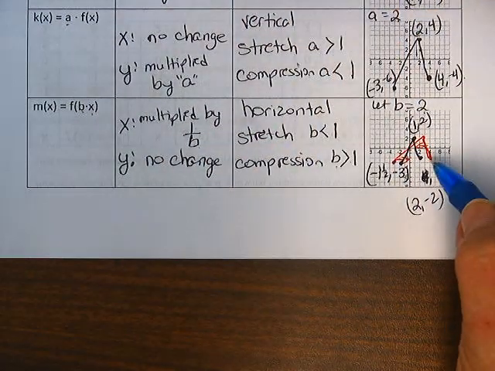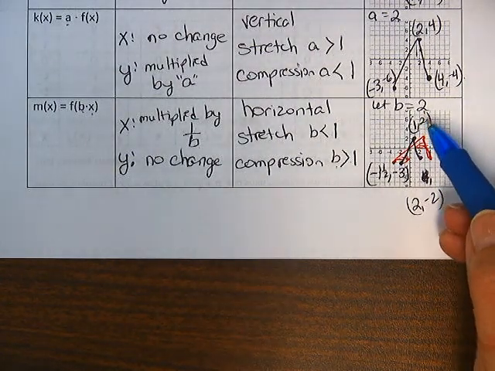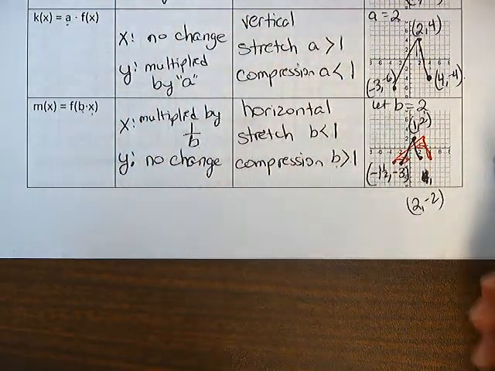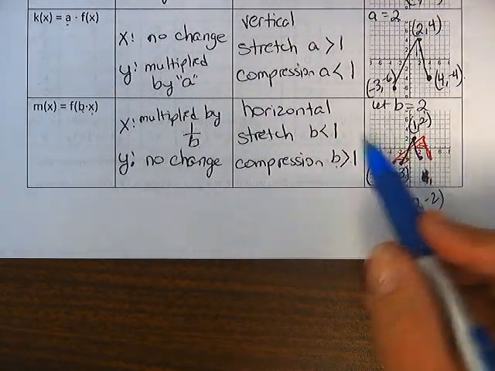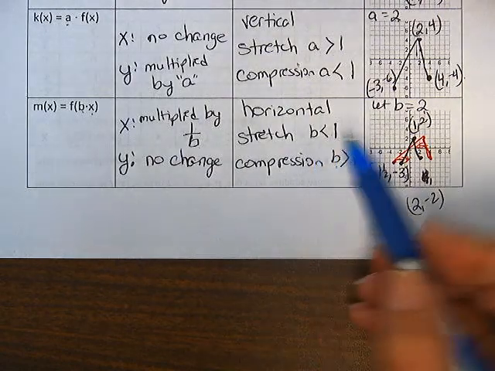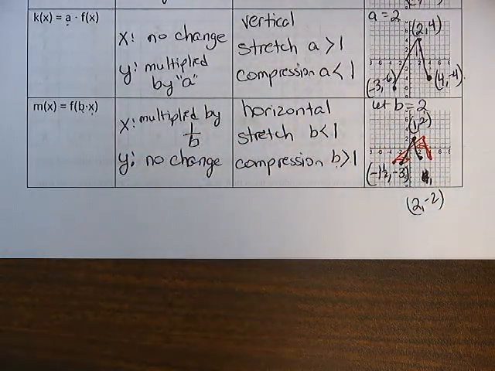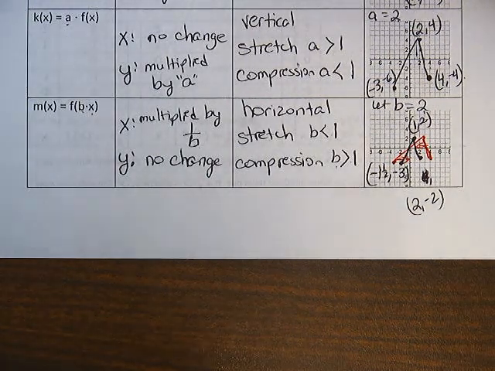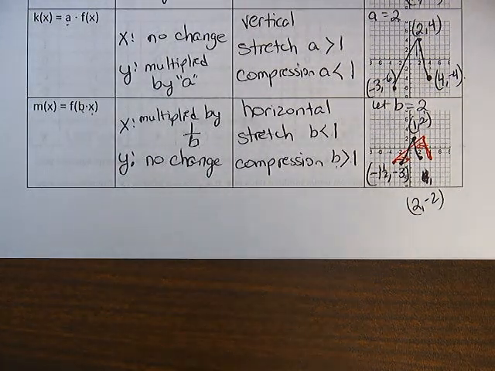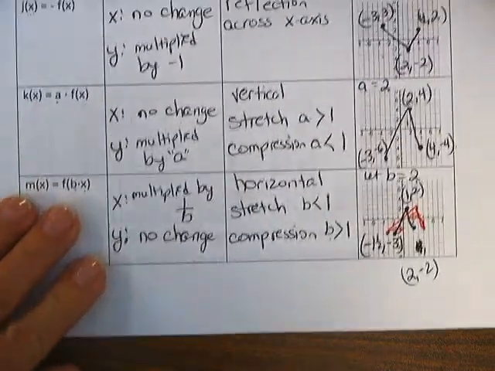So even though b is a whole number, we've compressed it together. So we've made this smaller. If b had been a fraction, we would have stretched it outwards from the y-axis. Okay, so I know this is a little different, but we just have to remember that b operates the opposite of a, and in the horizontal direction. Okay, let's take a look at the next page.